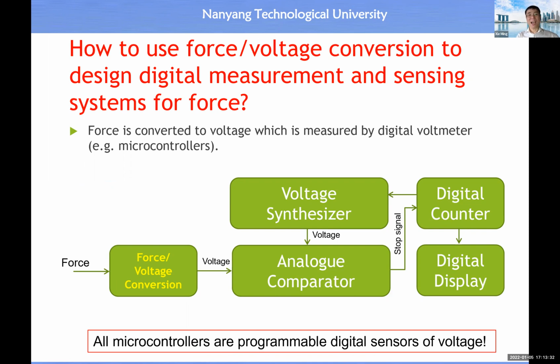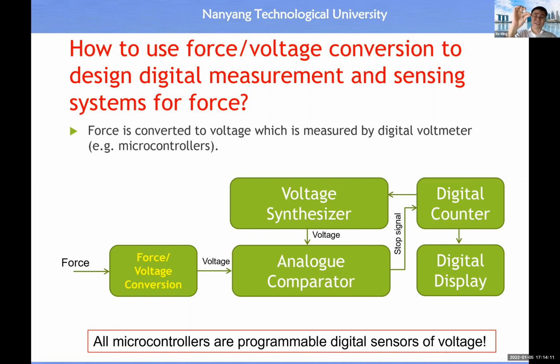All right, then how to use this principle of a conversion from a force to voltage, in order to guide the design of an automatic measurement and sensing system for force, right? In this case, if we have a sensing element which allows us to directly convert the value of the force into a value of a voltage, then we just use this blueprint, because all the microcontrollers are programmable digital sensors of a voltage. This is because we can have a digital counter to predict the digital value.